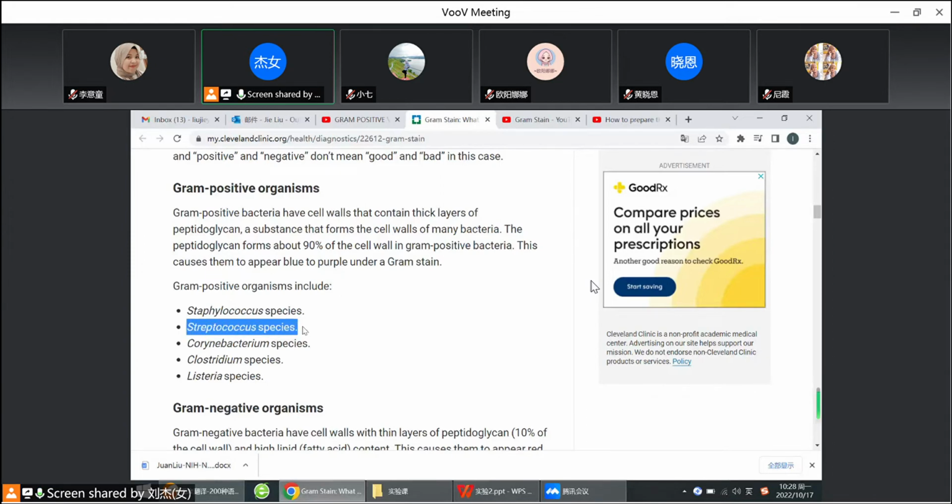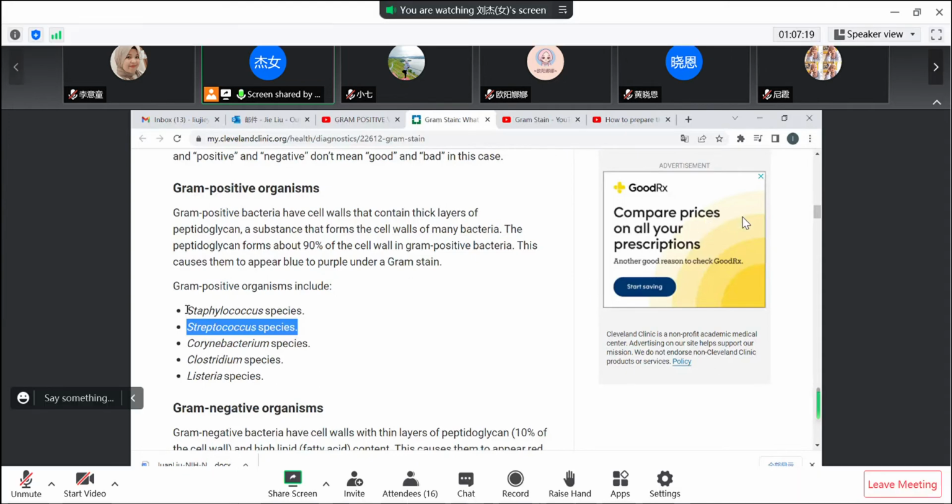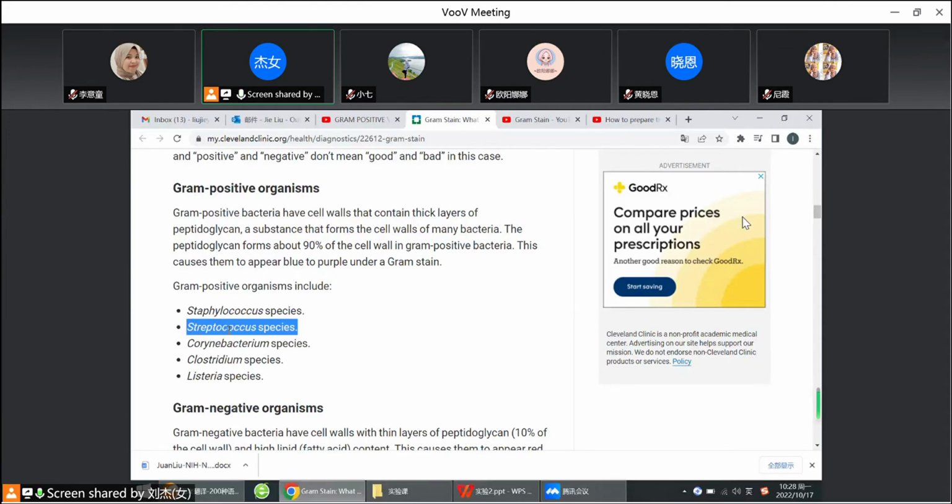So on the first day, when I introduced the structure, the shape of the bacteria, I told you the difference between the Staphylococcus and the Streptococcus. One of them forms something like a grape, a cluster of the bacteria, and another one forms like beads, just like a necklace, looking like a chain, right?